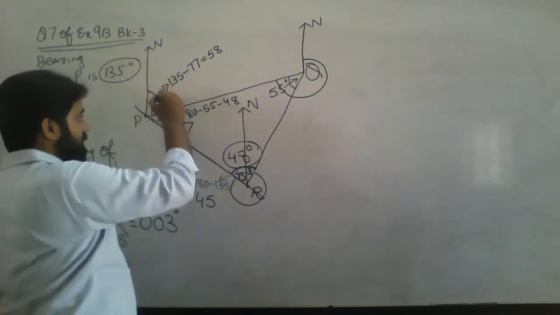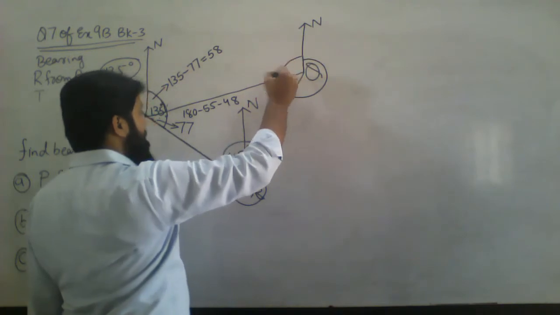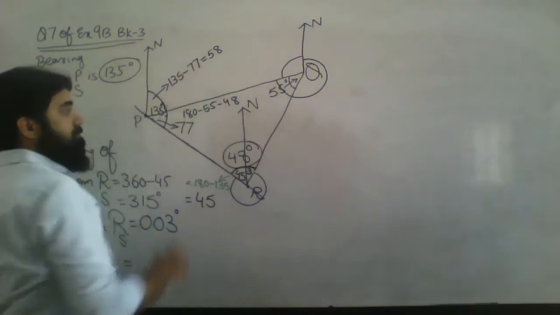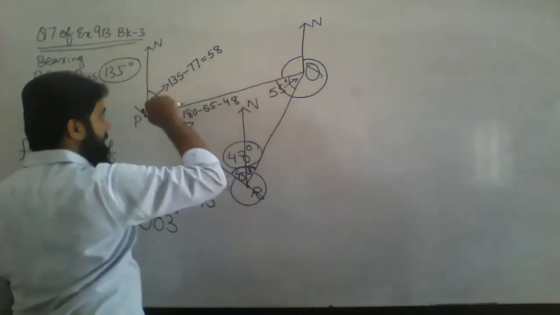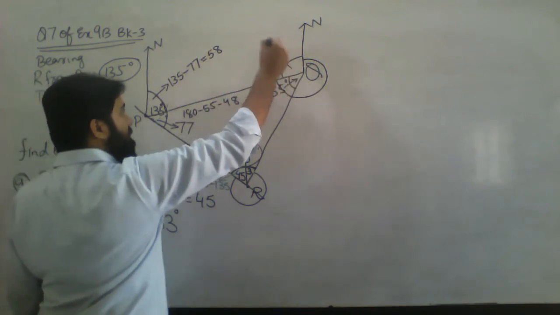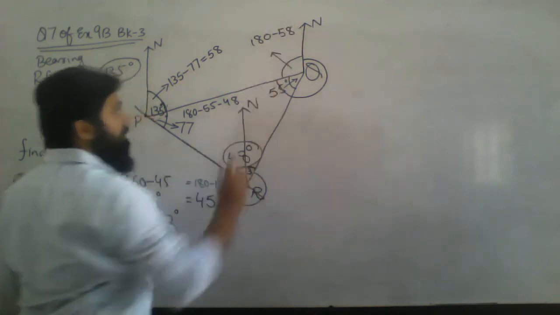Now, I have got this part. I have to find this one. These are parallel lines because both are going toward north, and this one is an interior angle. So this is 58. How will I find it? 180 minus 58.